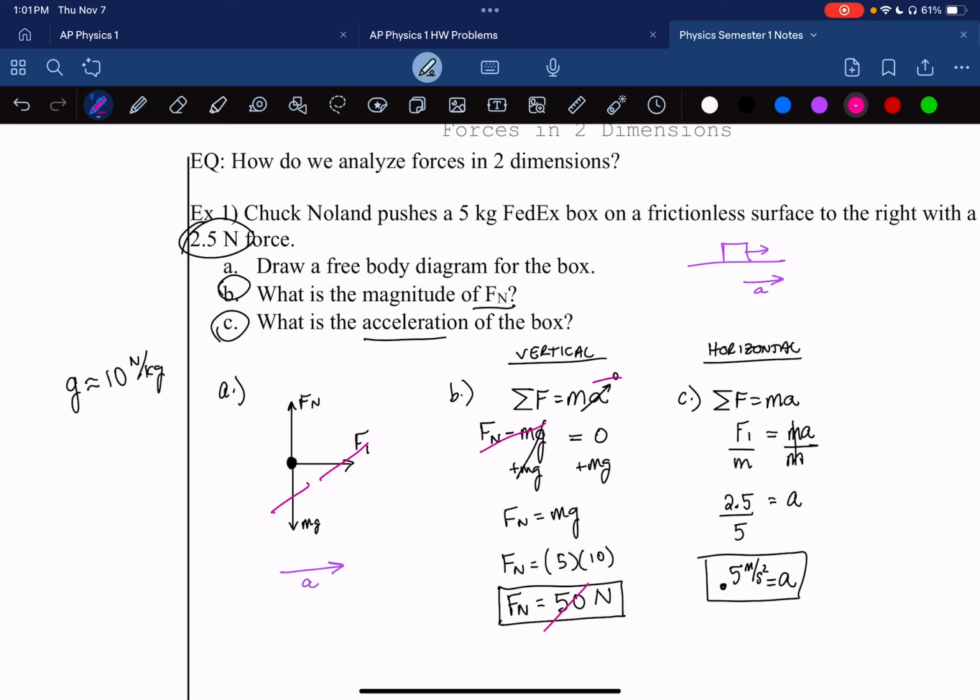When I come to the horizontal equation, I'll give you a point for the equation, a point for putting only your F1 force for the sum of forces, answer, and we would give you a point for the units. So that would be about 1, 2, 3, 4, 5, 6, 7, 8. Looks like 9 points for that.